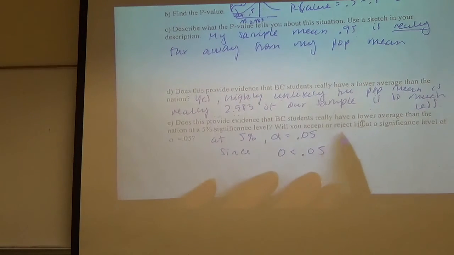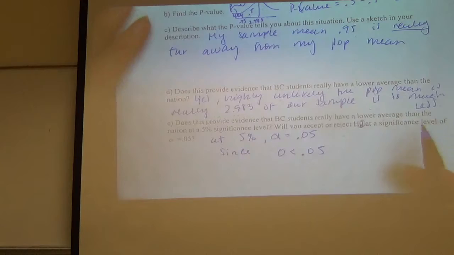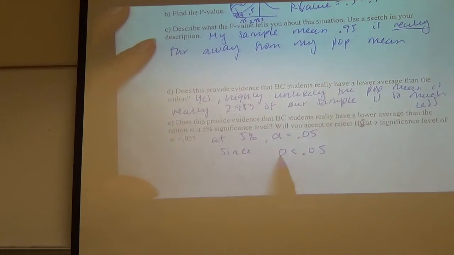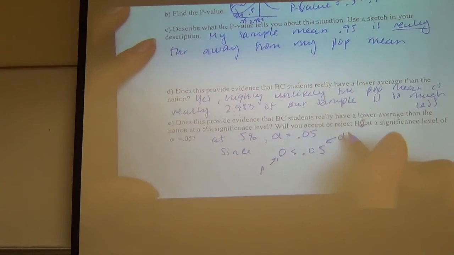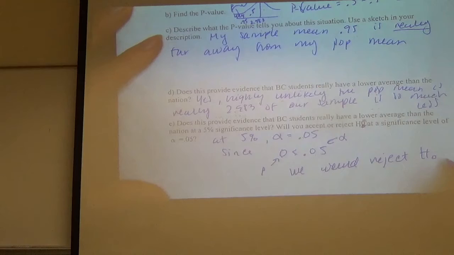So we would reject H naught, our null hypothesis. Since my p-value is less than my significance level, we would reject H naught.